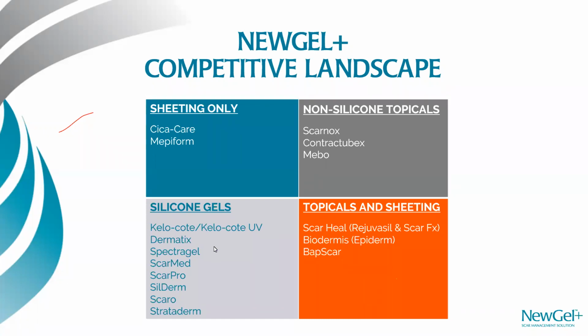I'm going to jump down to the bottom left, where you see the silicone gels, and it's a fairly competitive and crowded category. These would be products that are essentially all silicone or may have small amounts of things like vitamin E or vitamin C added to them, but in general, we would classify them as silicone gels. These would be our top recommended products because they are silicone.